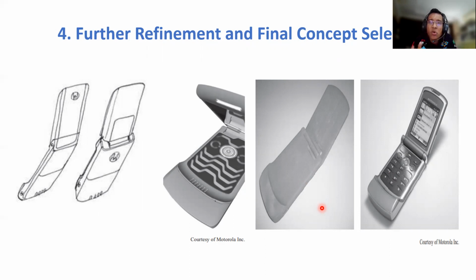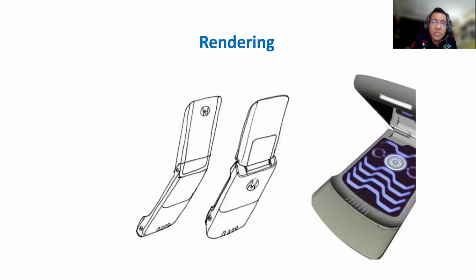Rendering shows the detail of the design, and often shows the product in use. Drawn in 2 or 3 dimensions, they can convey a great deal of information about the product itself. So rendering is often used for color studies, for testing customer reception of the proposed product features and functionality.